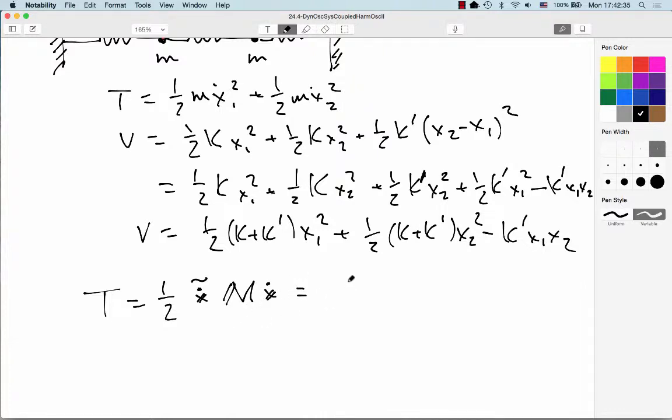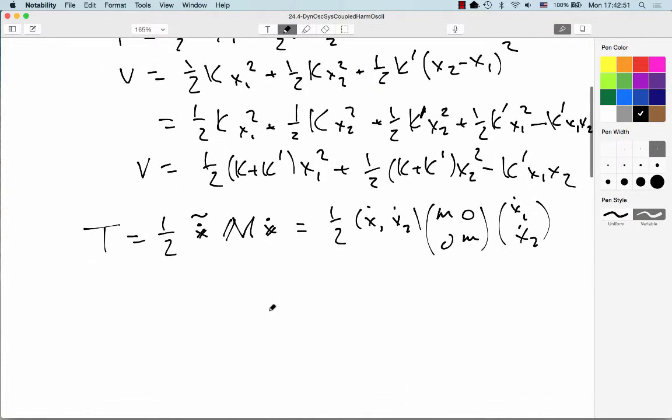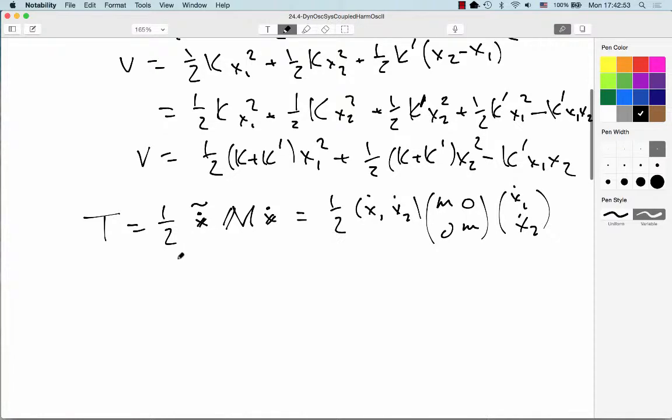So that would be written as 1/2 (x1 dot, x2 dot) times the matrix m, 0, 0, m, times x1 dot, x2 dot, like so. And similarly for the potential energy, we can write that one as 1/2 x twiddle k x.